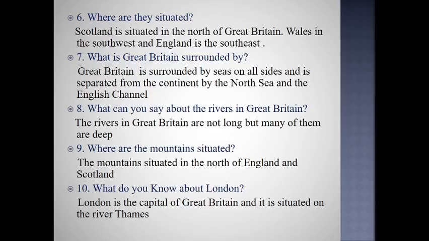Вони не довгі, але більшість з них глибокі. Where is the mountain situated? The mountain is situated in the north of England and Scotland. What do you know about London? London is the capital of Great Britain and it is situated on the River Thames.